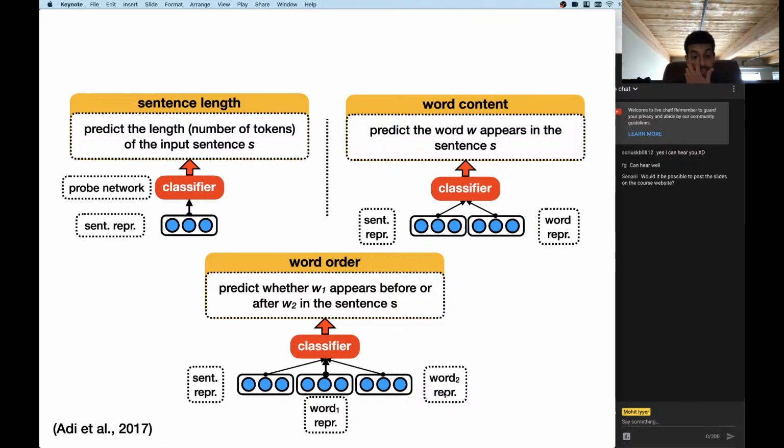Here we have three different inputs to the model, but we're still just training a binary classifier. All of these are focused on very basic properties of the sentence, and the thing that is getting probed in all of these tasks is the sentence representation.